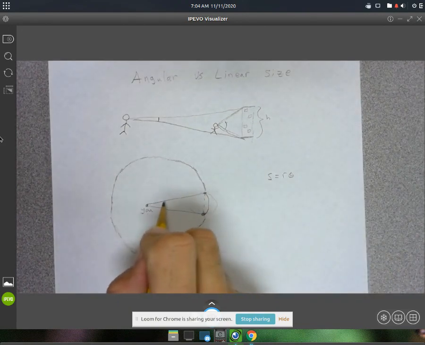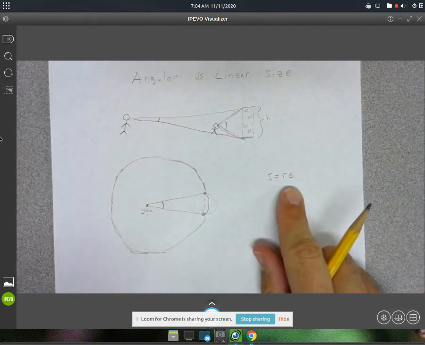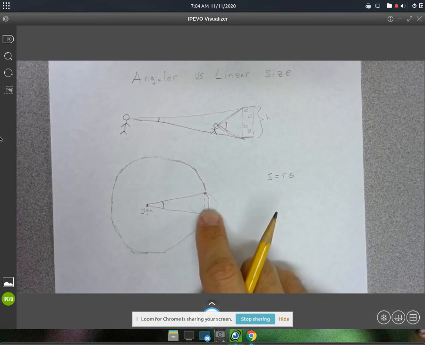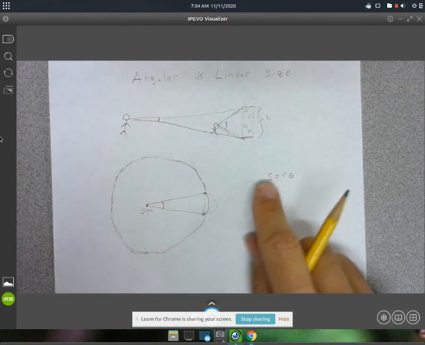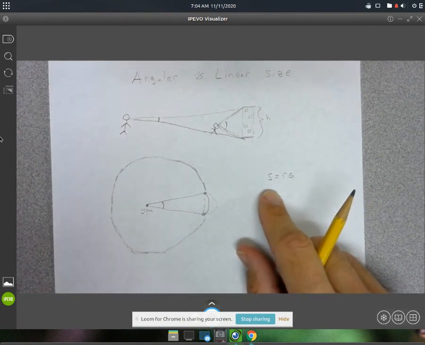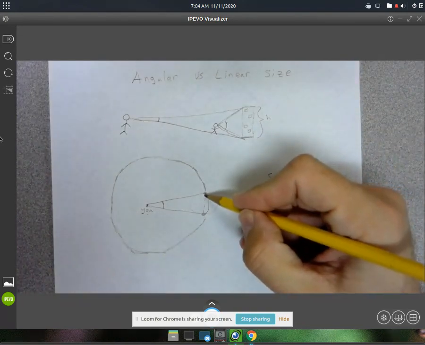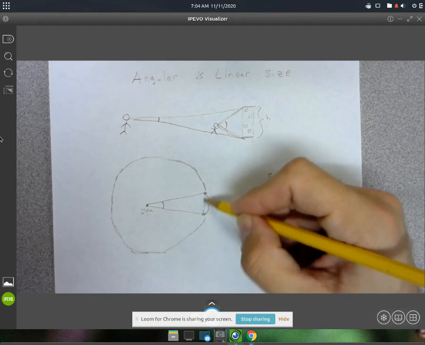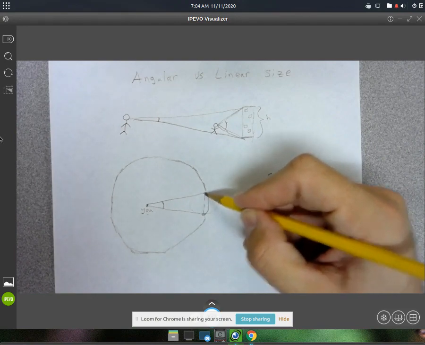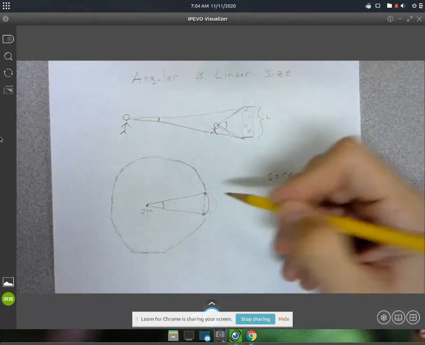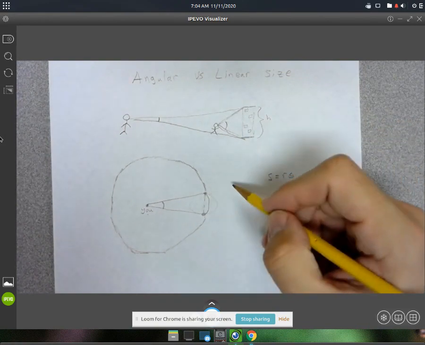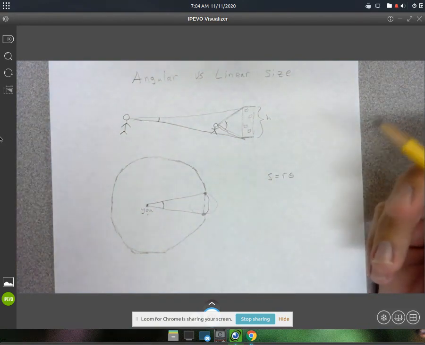Well, we use this angle right here, all right, and we use this S equals R theta formula to kind of make a guesstimate, all right, to kind of describe the size of this. So all the things that we're going to be doing with this angular size is going to be approximations of the size of this object, right? So it's not going to describe its linear size, the distance across the diameter of the object. It's just going to give us an approximation for how big the object is.